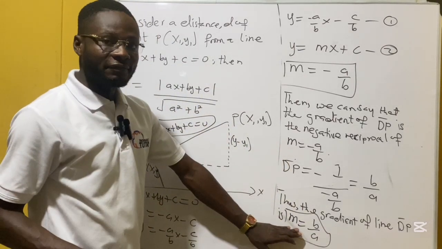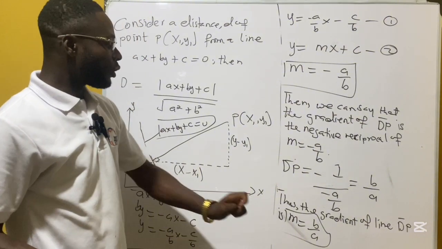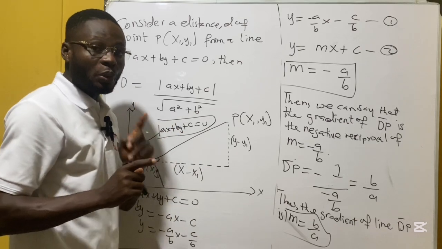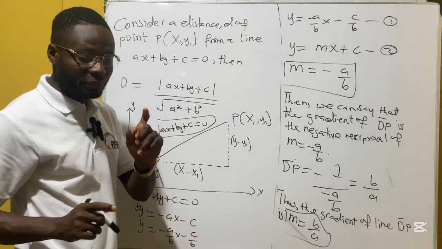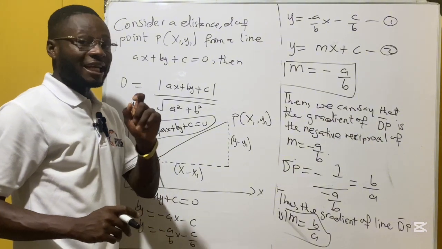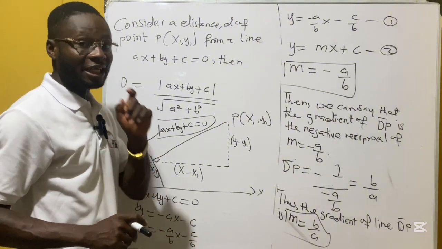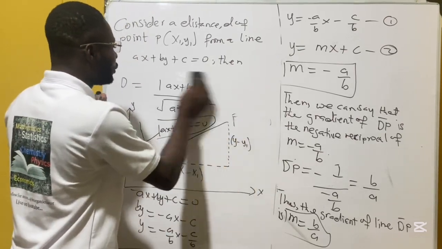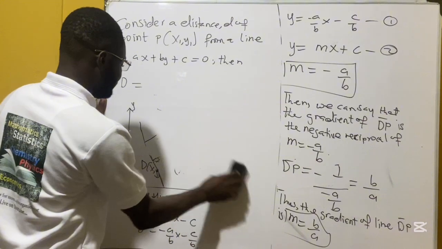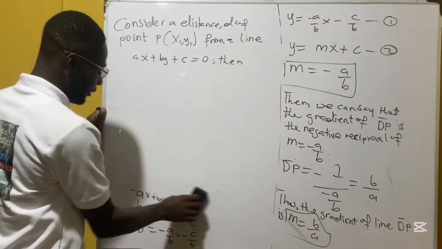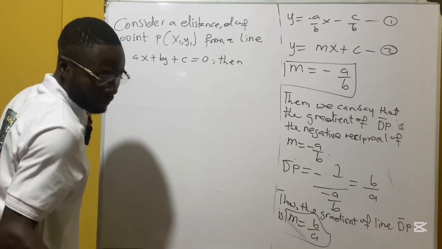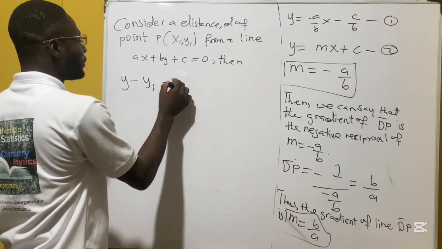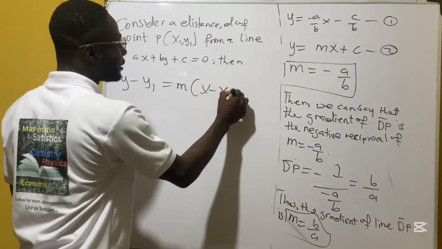Once we have the gradient of line DP, we can use it to find the equation of the line segment, and that is going to be y minus y1 equals m into x minus x1.